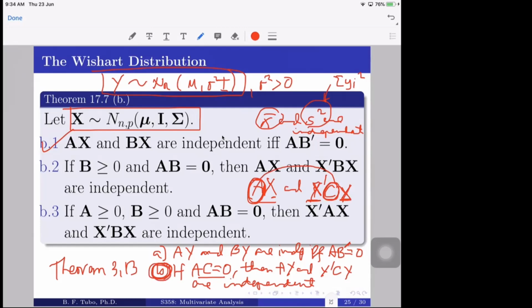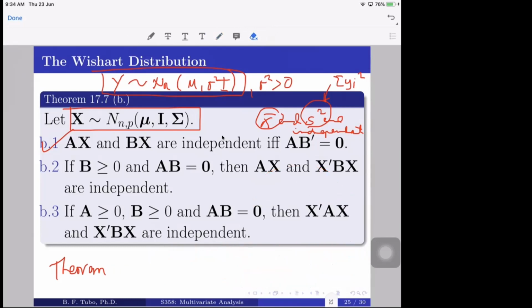So this time, in the multivariate case, it has an additional assumption. The additional assumption is that B should be a non-negative definite matrix, and then AB is 0. Then it will imply that AX and X prime B are independent. So this is the added condition.